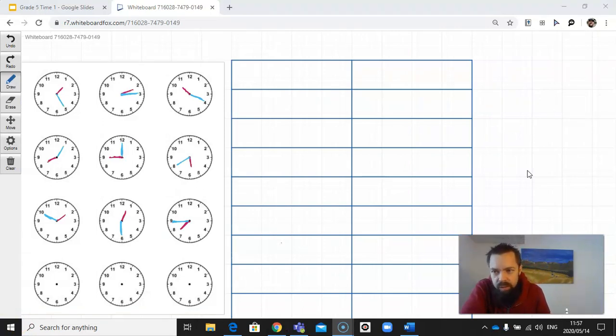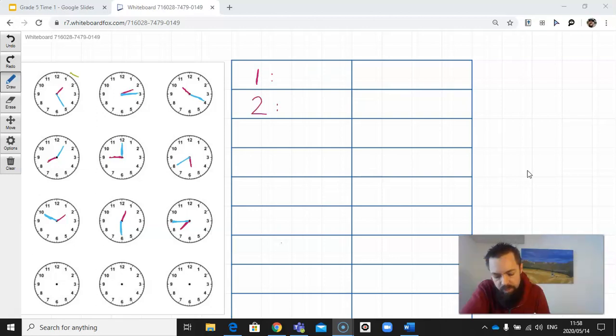Okay, so the first few I've done them as past ones, but let's not work with that necessarily. What I'm going to do is, first of all, write down the time for each one before we actually write down how we would say it. So with the first one, I'm going to write down the hour. It's between 1 and 2, which means we say that it's 1. For the second one, it's between 2 and 3, so we say it's 2.